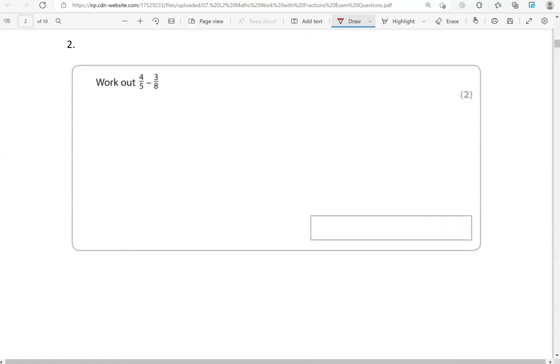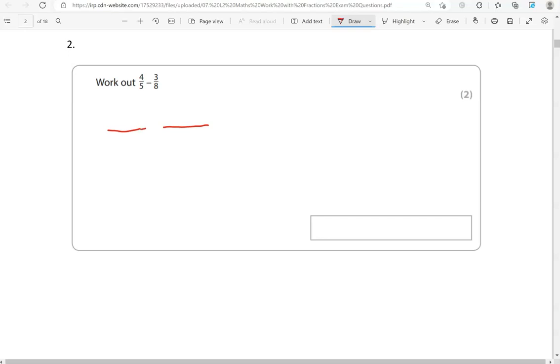Work out 4/5 take away 3/8. So we're looking to convert the two fractions so they both have a common denominator. So a number that is a multiple of 5 and 8. What does that mean?